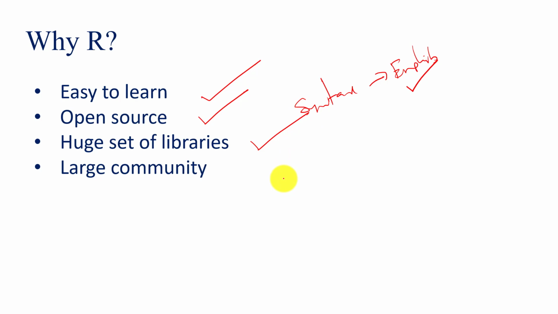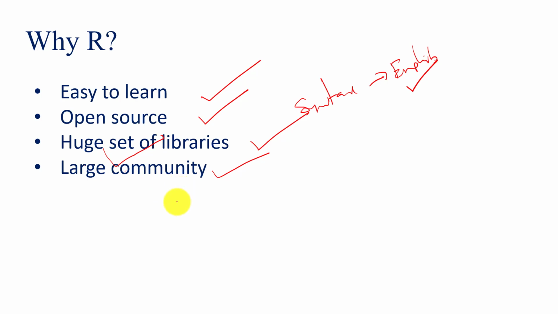When any programming language is open source, automatically a large community will be there. At the same time, a lot of people will contribute and a large set of libraries will be developed. So that is the advantage of open source.